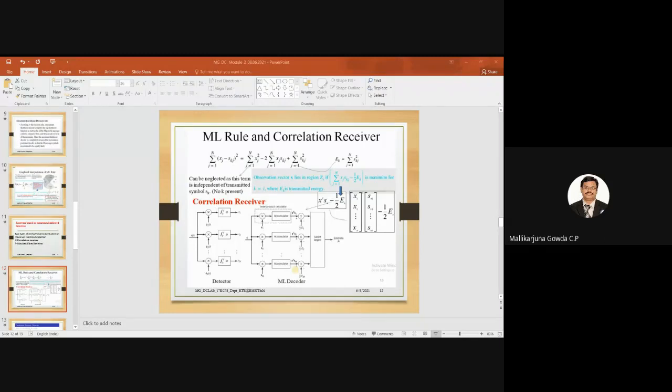That is minus 2 into summation j is 1 to n of xj skj. What do we call this middle term? I think you have studied inner product, right? Are you aware of inner product?